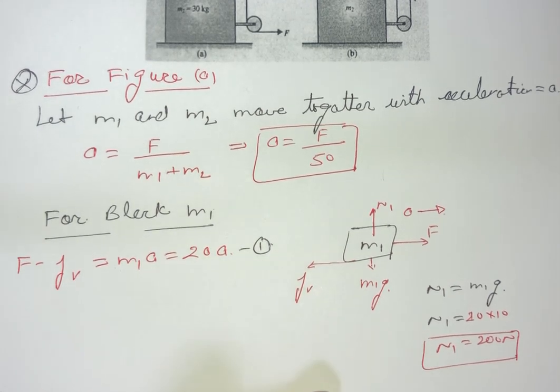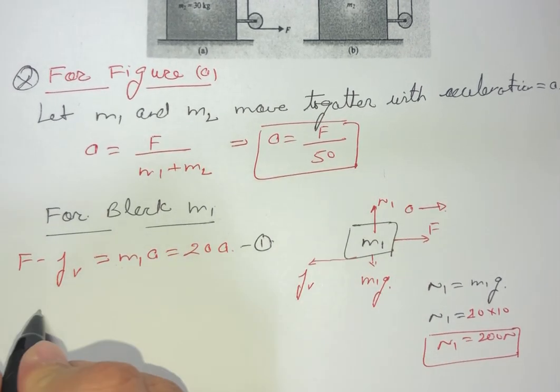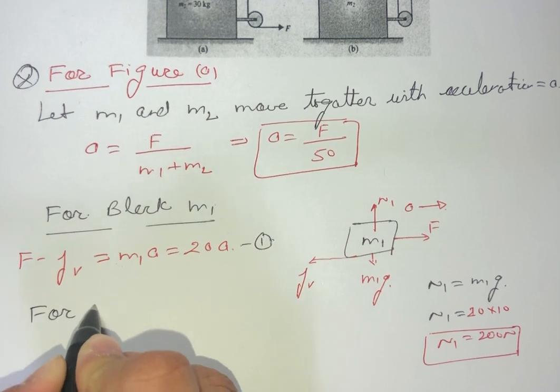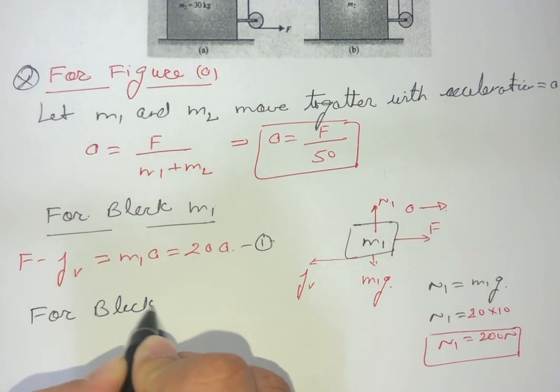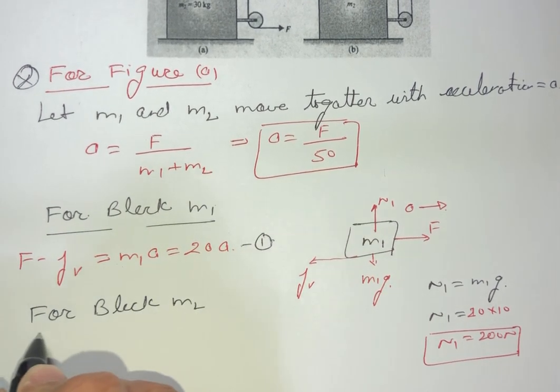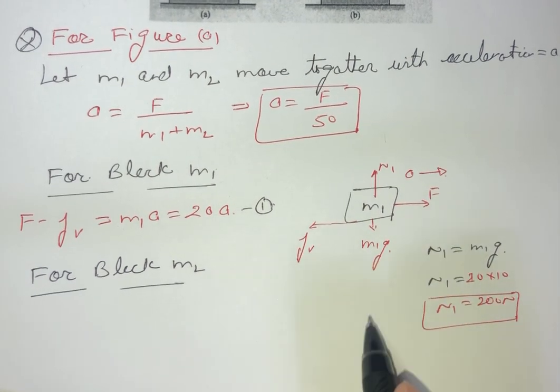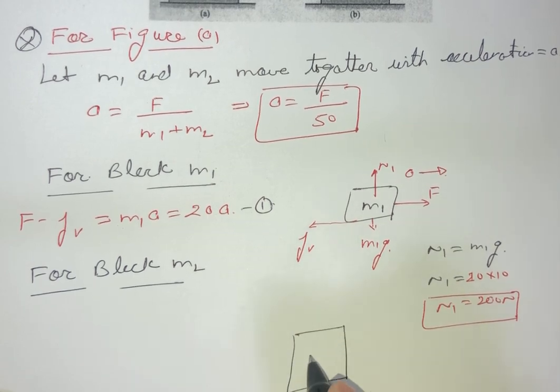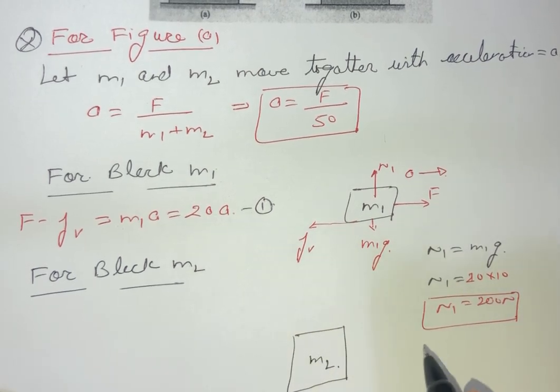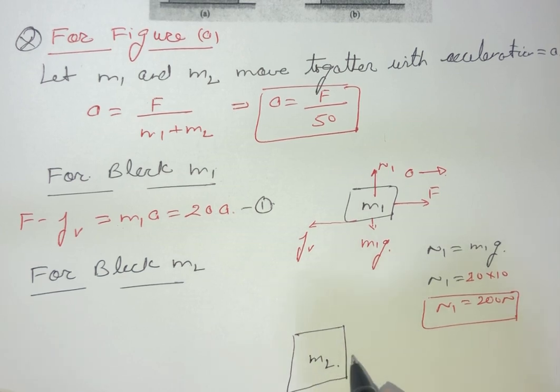And for block M2, let's draw this. This is our M2, and we have a pulley here.